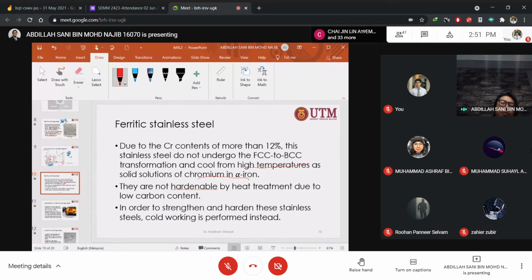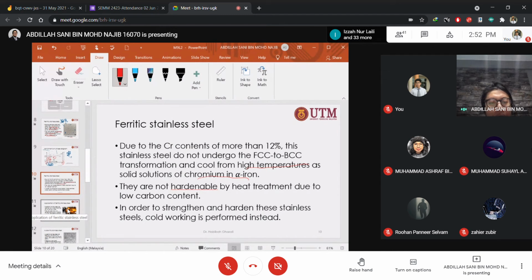Solid solution, precipitation hardening, strain hardening, and what else? One more, I also forgot. What is it? It seems like there is one left out. Okay, anyway.